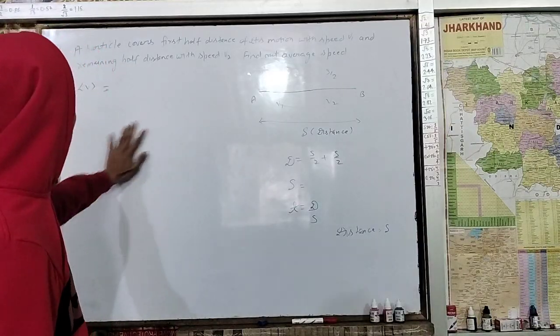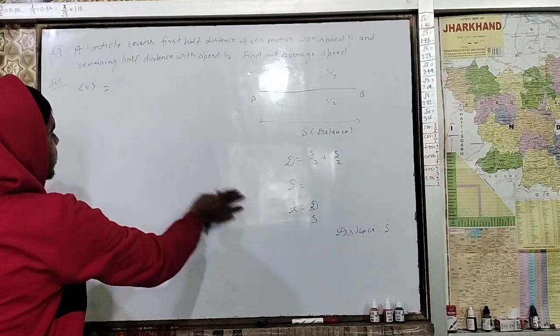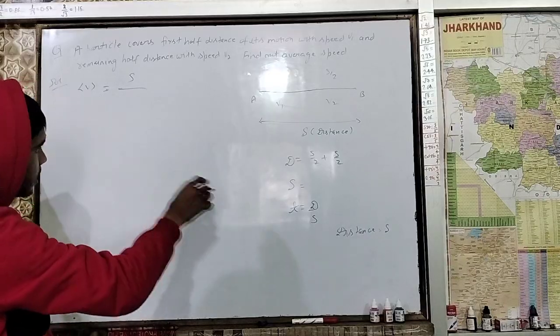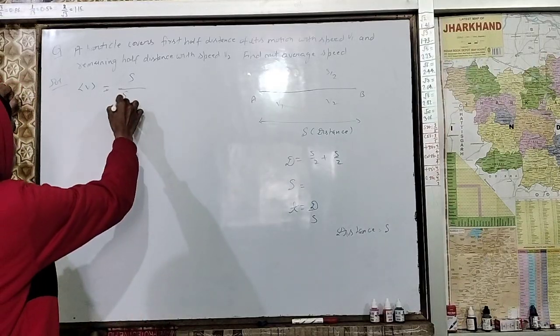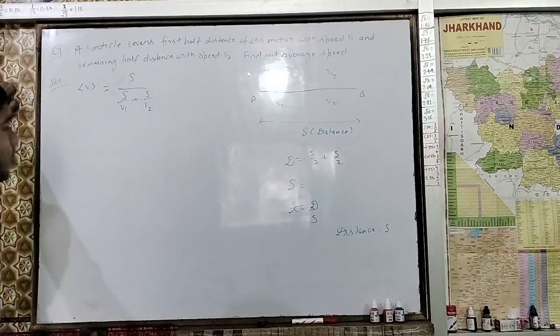Over here, s is the total distance, and the time is s upon v1 plus s upon v2.